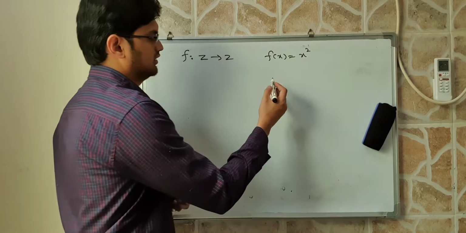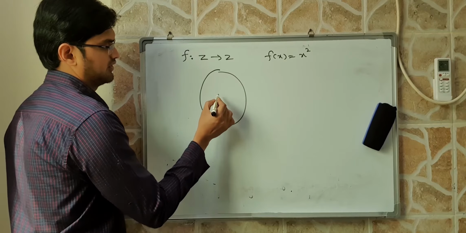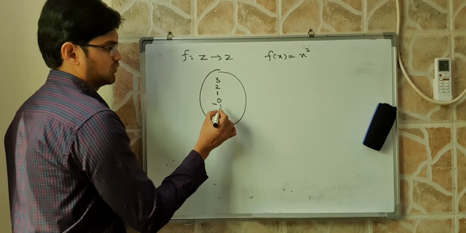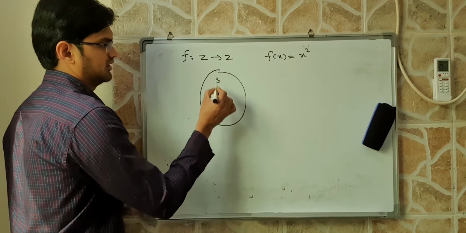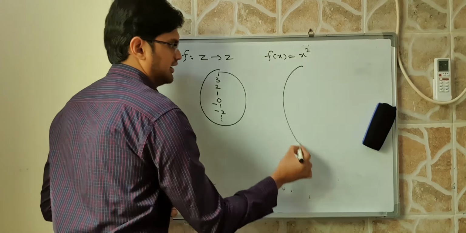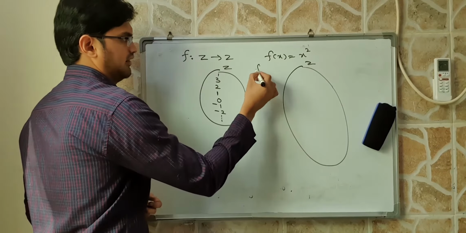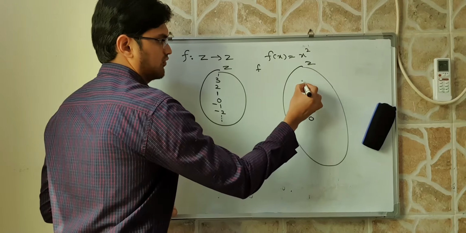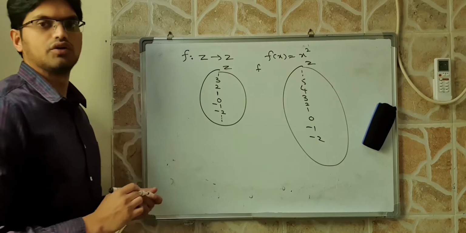So you see here in the domain you have 0, 1, 2, 3, -1, -2, and so on, and here Z to Z codomain 0, 1, 2, 3, 4, 5 and so on, -1, -2.